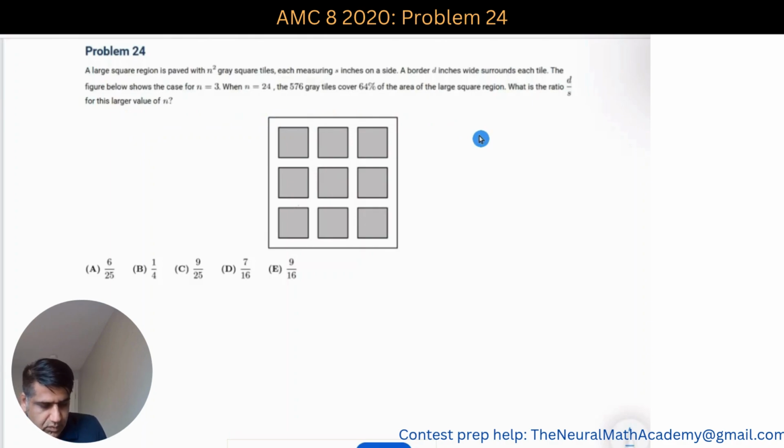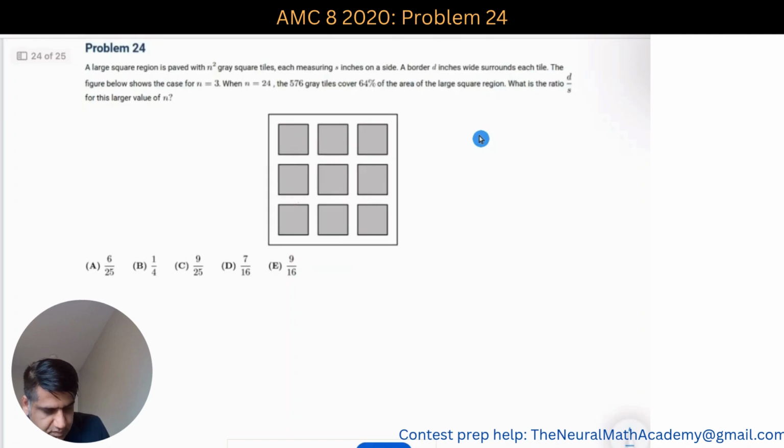So what we have to find out, as stated, is d over s. D is the distance between the tiles and the edge, and also between the tiles. So this is d, and we also have d along the vertical sides as well.